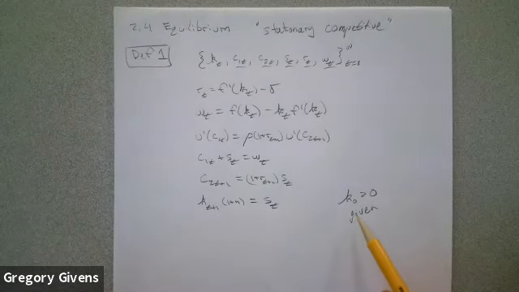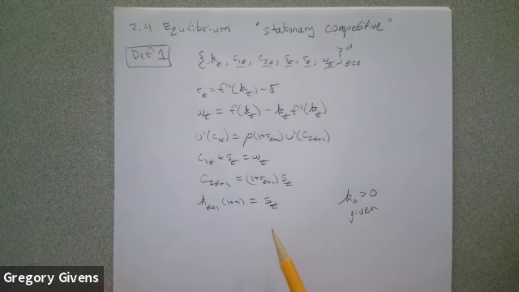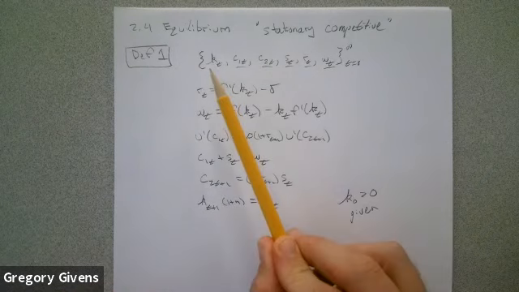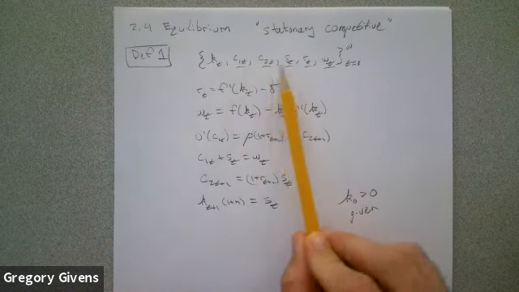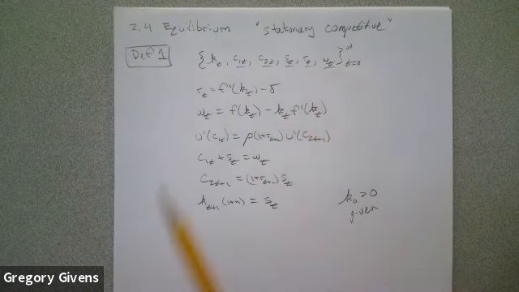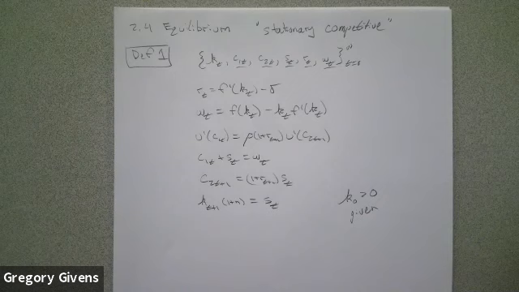If you're given K0, you should be able to figure out K1, C11, C21, S1, R1, W1, all of the time 2 variables, all of the time 3 variables, and so on and so forth. Again, notice that this notion of an equilibrium is a dynamic concept. It's not a static concept.